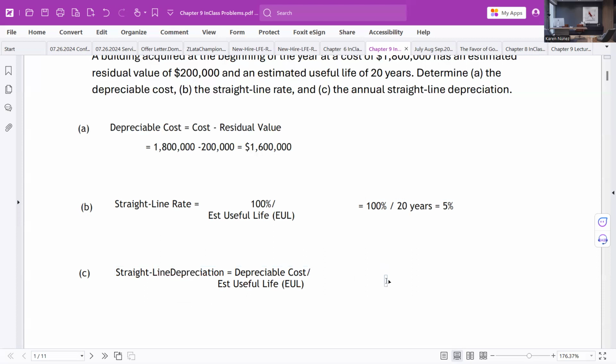When we take that 1.6 million of depreciable cost and spread it over the estimated useful life of 20 years, we annually should have depreciation of $80,000. $80,000 is the annual straight line depreciation.